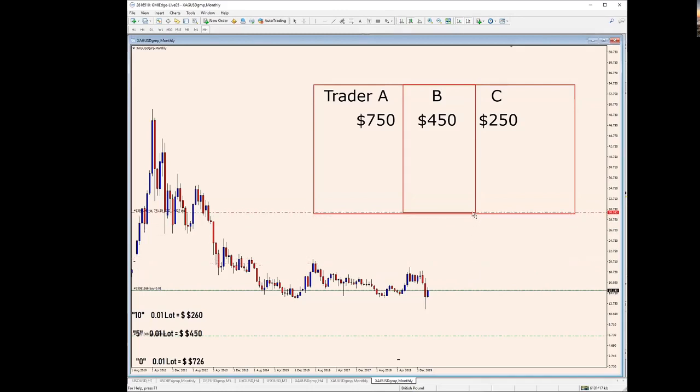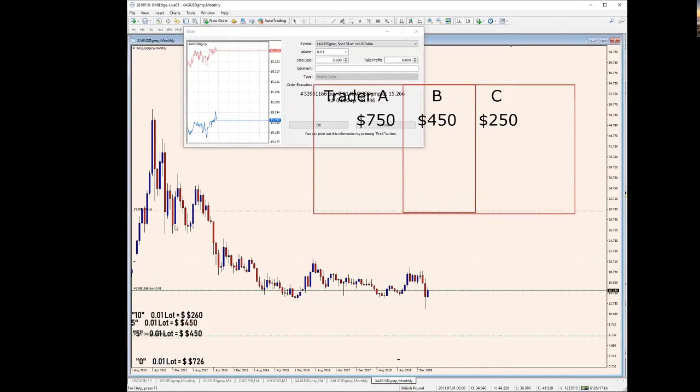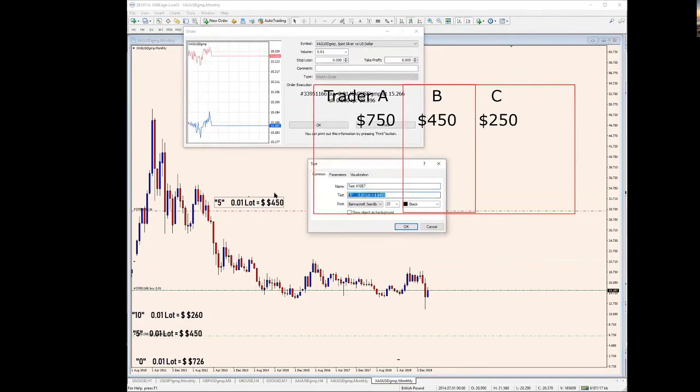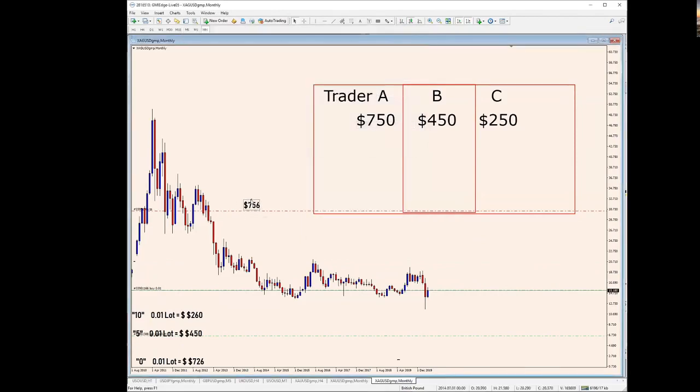Correct. Someone could read that, 756. So literally the profit will be $756. That's the profit.